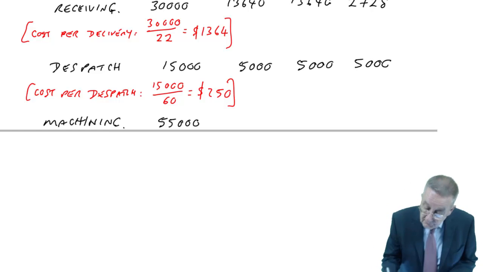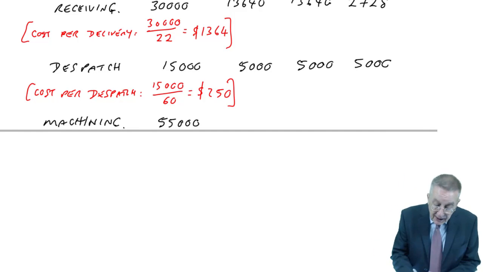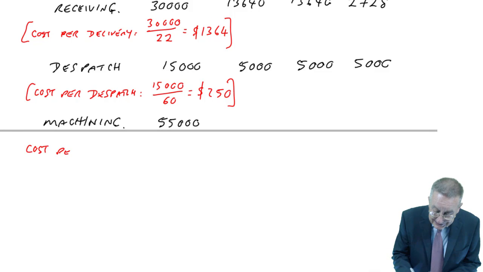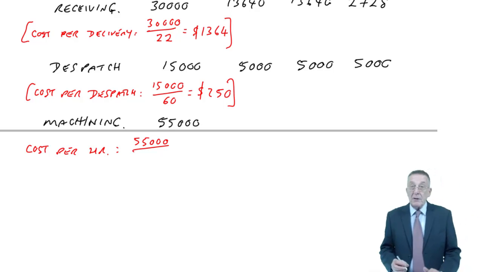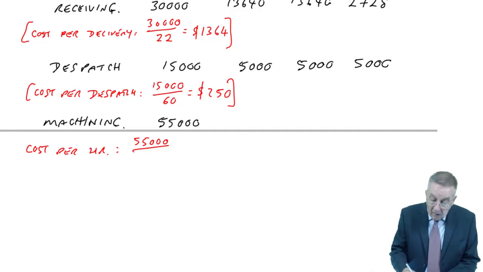And so we need a little bit of workings. We are going to do the cost per hour. It will be 55,000 divided by the total number of hours. But how many hours are there in total?